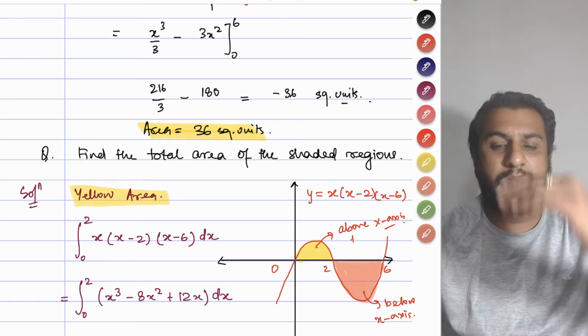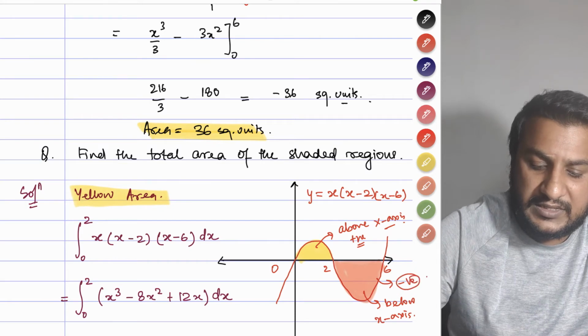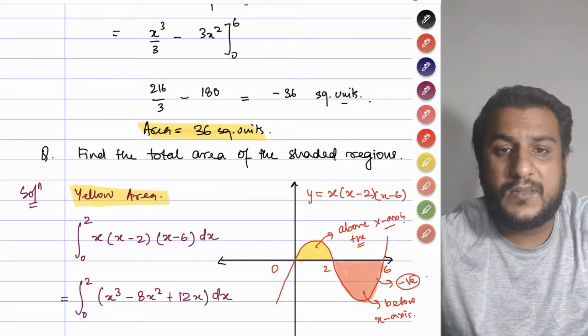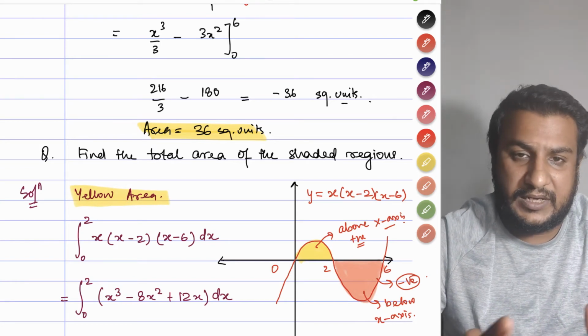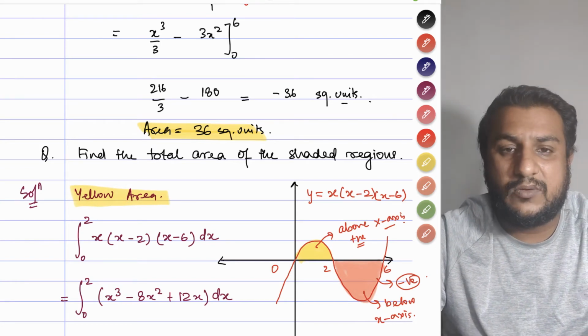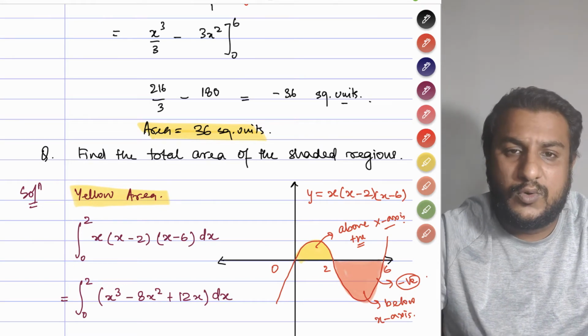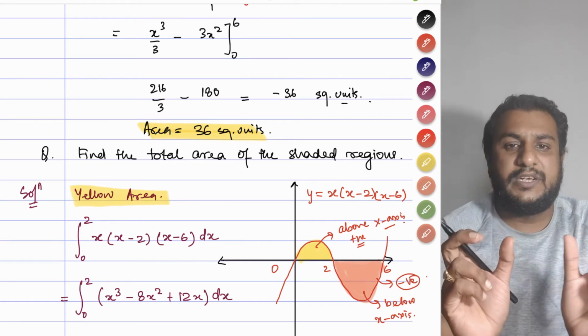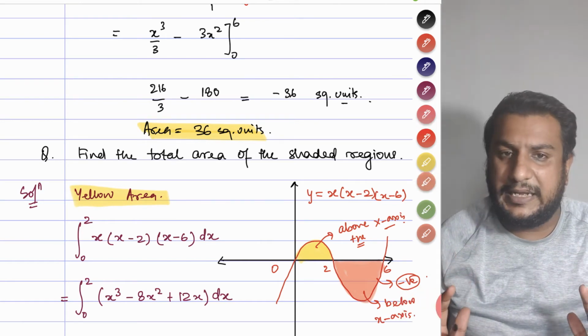The part which is above the x-axis is going to be positive and the part which is below the x-axis is going to be negative. Now what happens is, either you can divide this into two parts, means I can calculate my area between 0 to 2 and then 2 to 6, then the positive parts of that area I can sum up and I can tell this is the total required area.